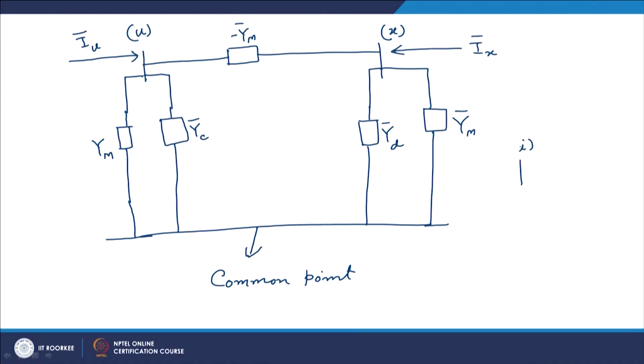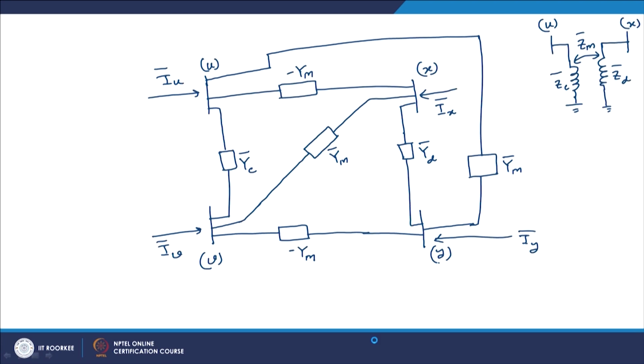But of course, let us say there are two transmission lines, for example, bus I and J with one transmission line, and bus K and L with another transmission line, and these two transmission lines are mutually coupled to each other. In that case this particular circuit will hold good.